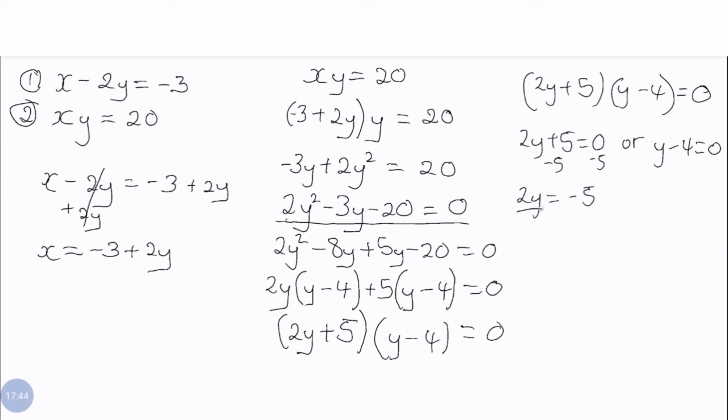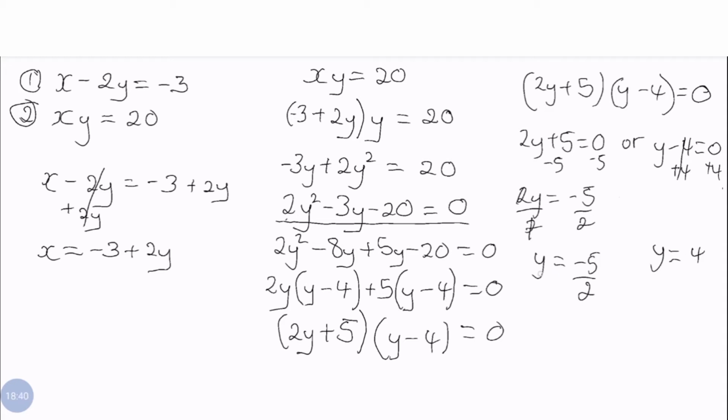Then we divide by 2 and divide by 2 here as well, which cancels this. So we'll have y equal to negative 5 over 2. And here as well, we have to take the -4 from the left hand side to the right hand side by adding it. +4 and +4 here as well. So this will cancel. We will have y equal to +4.